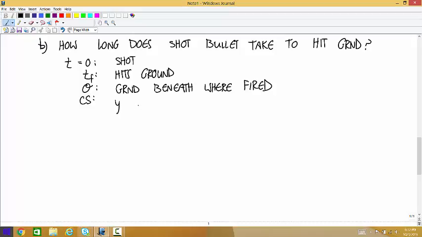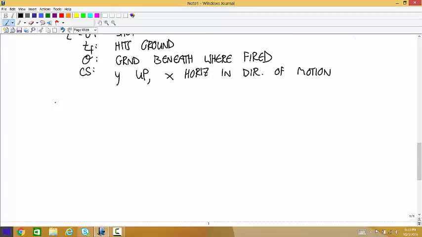And the coordinate system has the y-axis up and the x-axis horizontal in the direction of motion. We're trying to find time final. The acceleration we know because it's free fall.